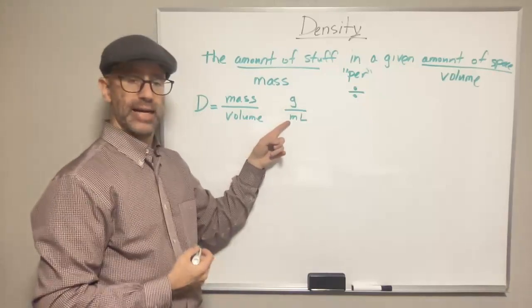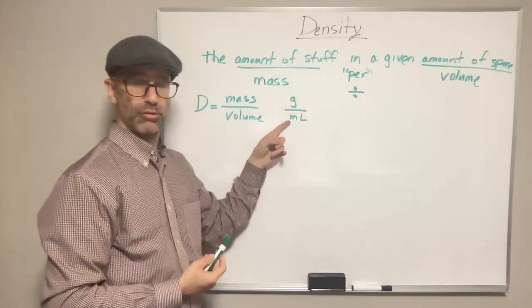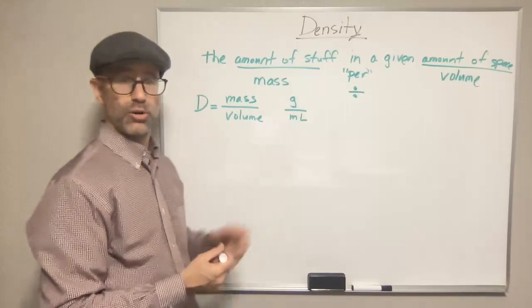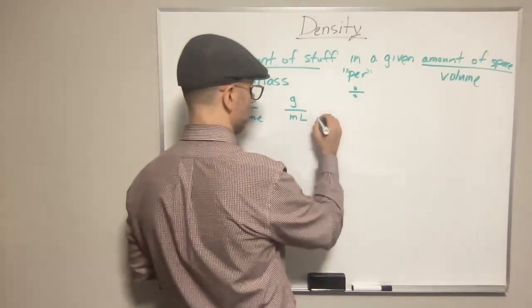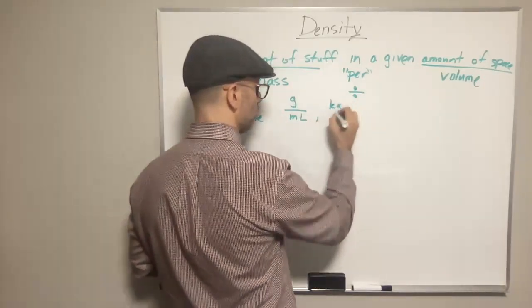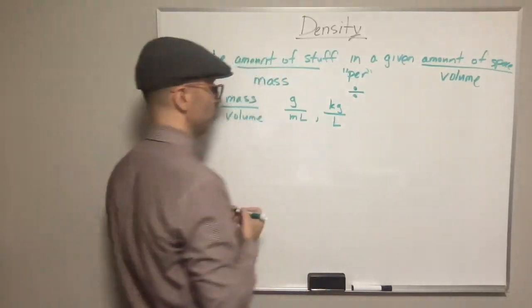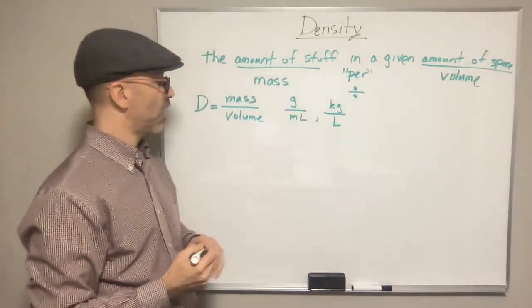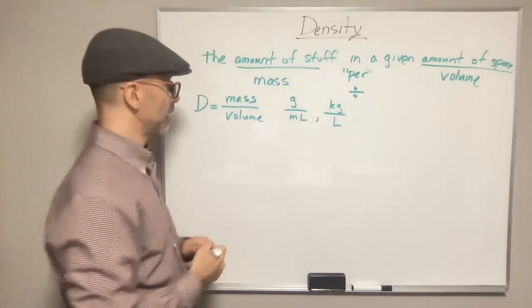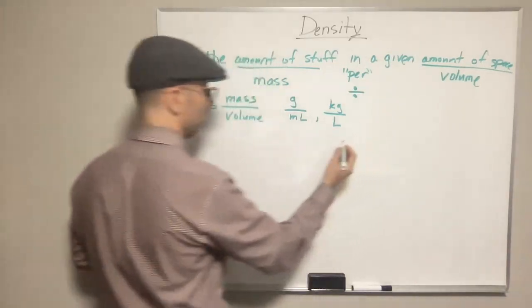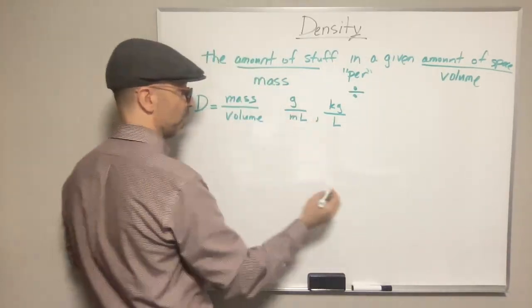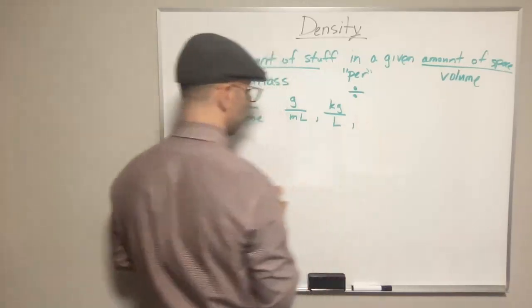If you multiply milliliters by 1,000, you get liters. So you could also have that as your unit. So you have kilograms per liter, right? Another way would be instead of milliliters here, you could have centimeters cubed.